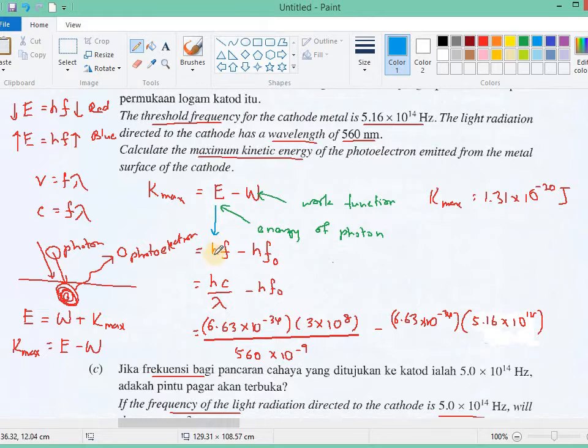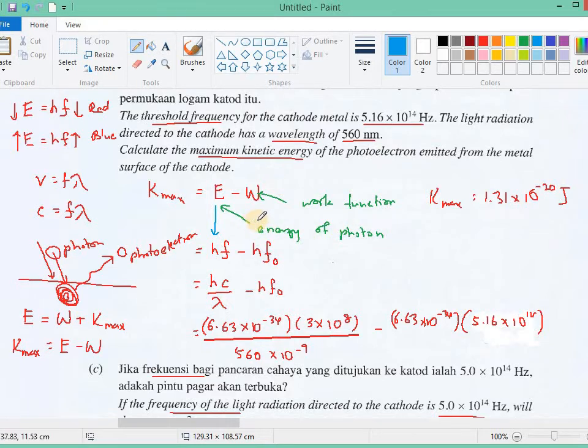Why is this E changed into hf? This one is the work function. How do we get this? Because work function is the minimum energy that is needed for the electron to escape the surface.